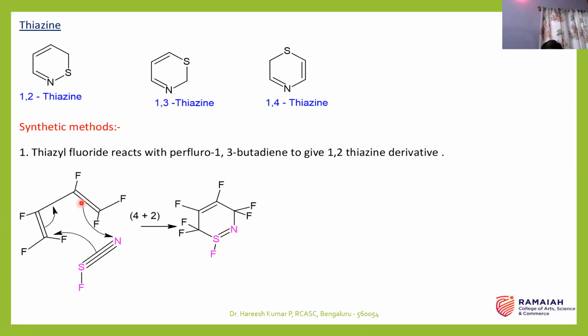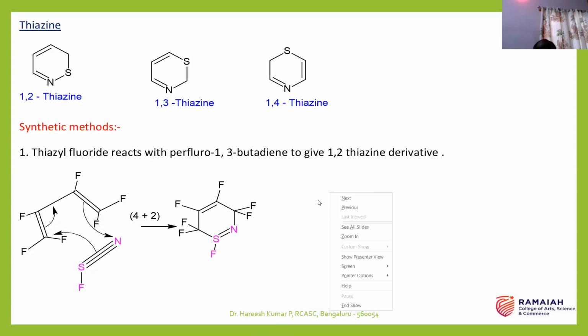When perfluoro 1,3 butadiene is treated with thiazyl fluoride, this is thio and this is aza, it undergoes a 4+2 cycloaddition, and this will be the product formed. With this I will go to the next slide.